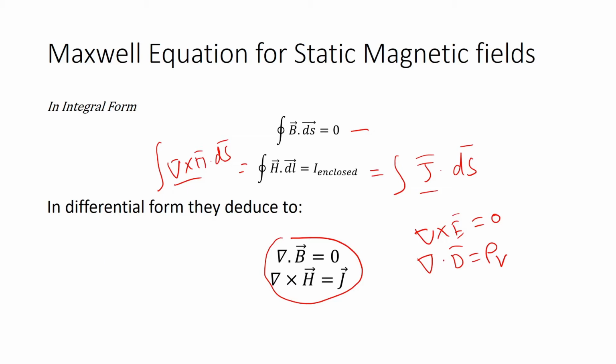Next, we would discuss the Laplace equation and the Poisson's equation. But before we discuss them, we should discuss a special type of vector operator called the Laplacian operator. This Laplacian operator can be applied on both scalars and vectors.